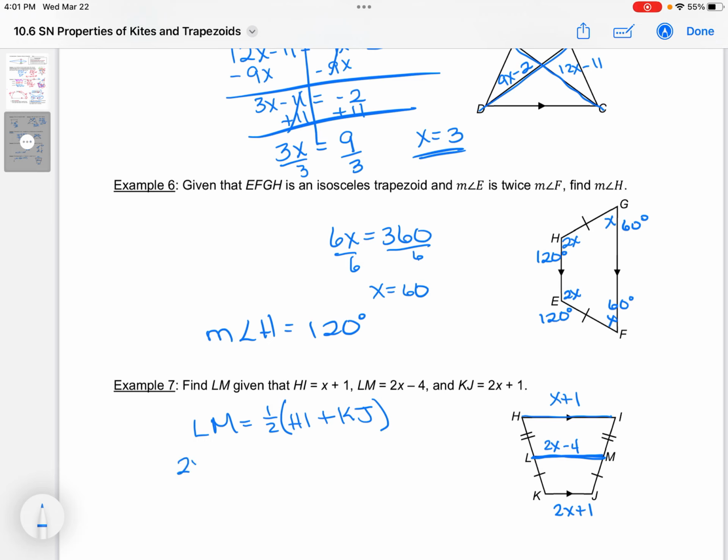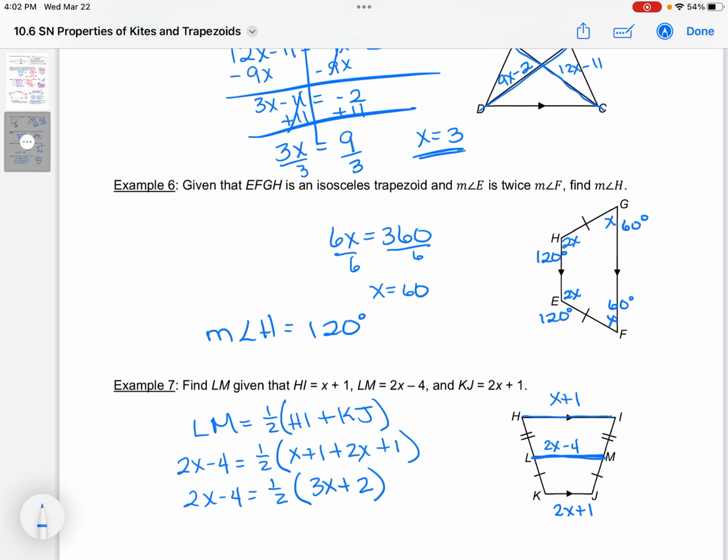All right, so that means I have 2X minus 4 equals 1/2 X plus 1 plus 2X plus 1. So let's combine all those terms. I have 3X plus 2.